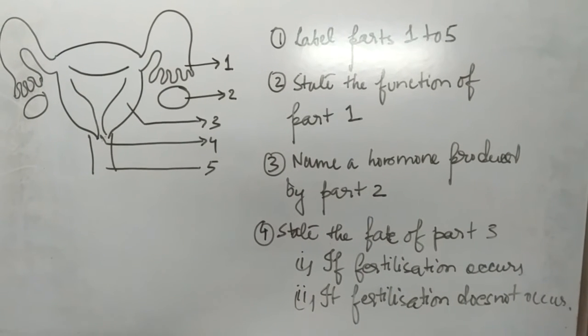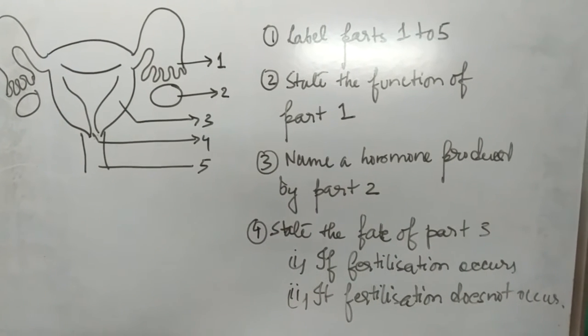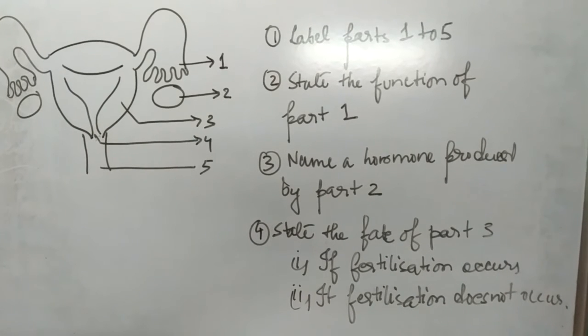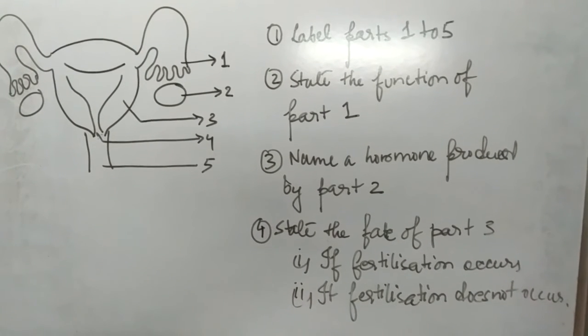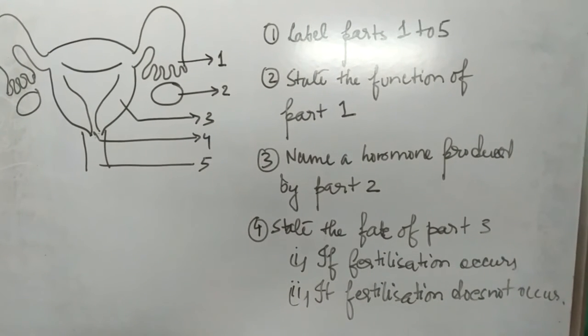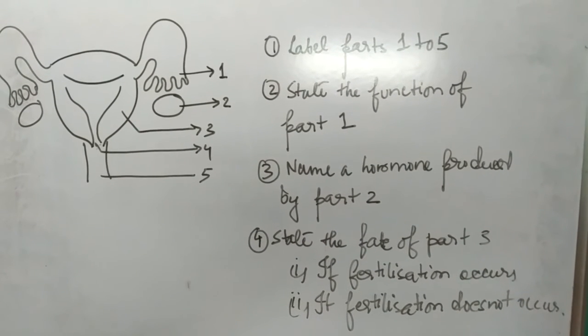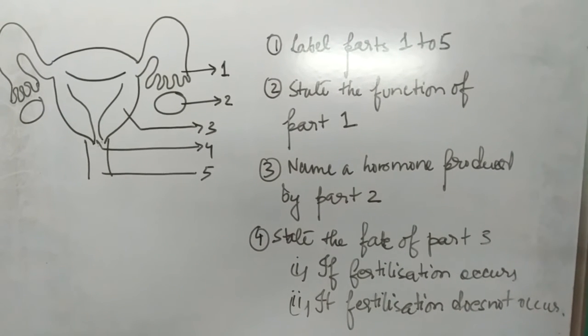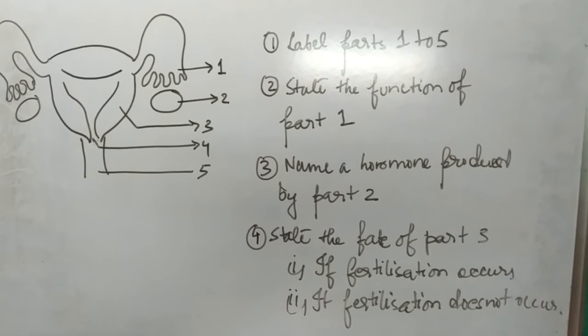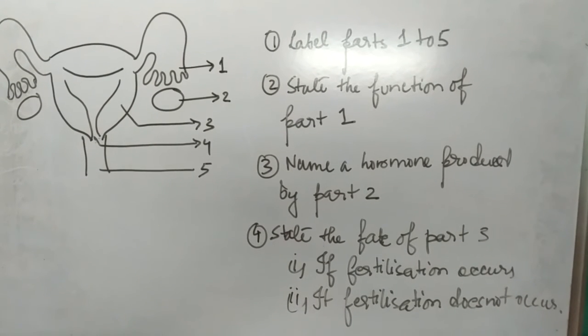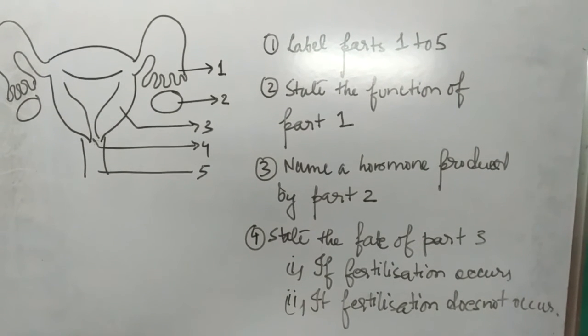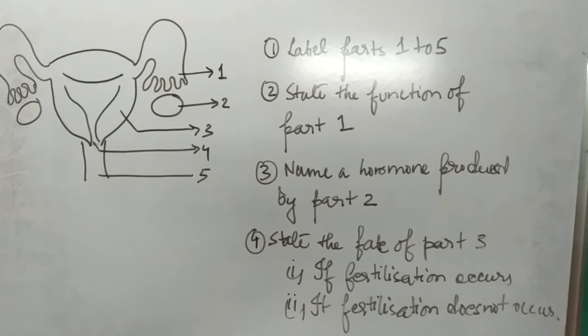Now, what is the fate of part 5 after fertilization? If fertilization occurs, that is, zygote formation has already taken place, then the uterus will become more vascularized and more thickened, and more nourishment will reach the fetus.